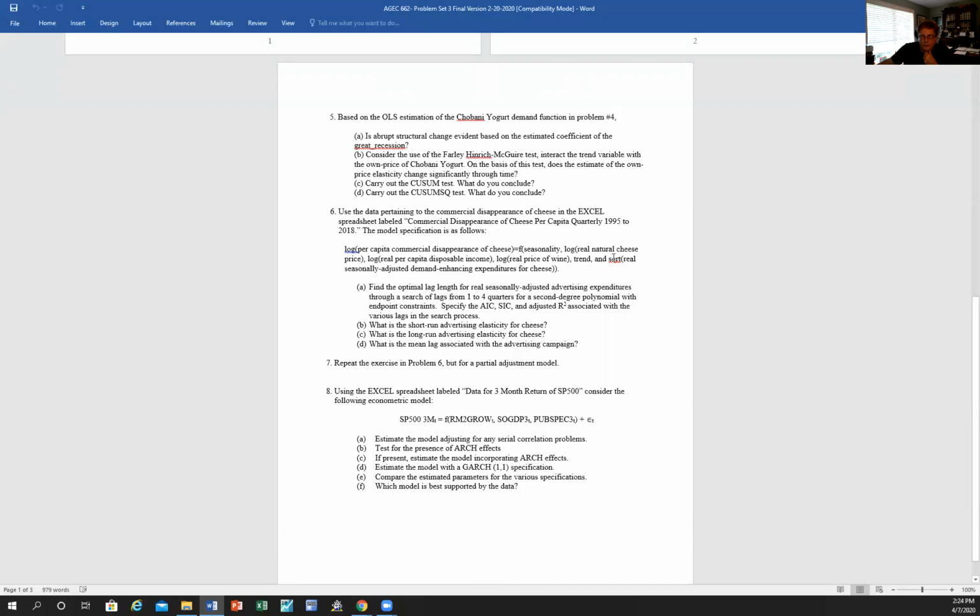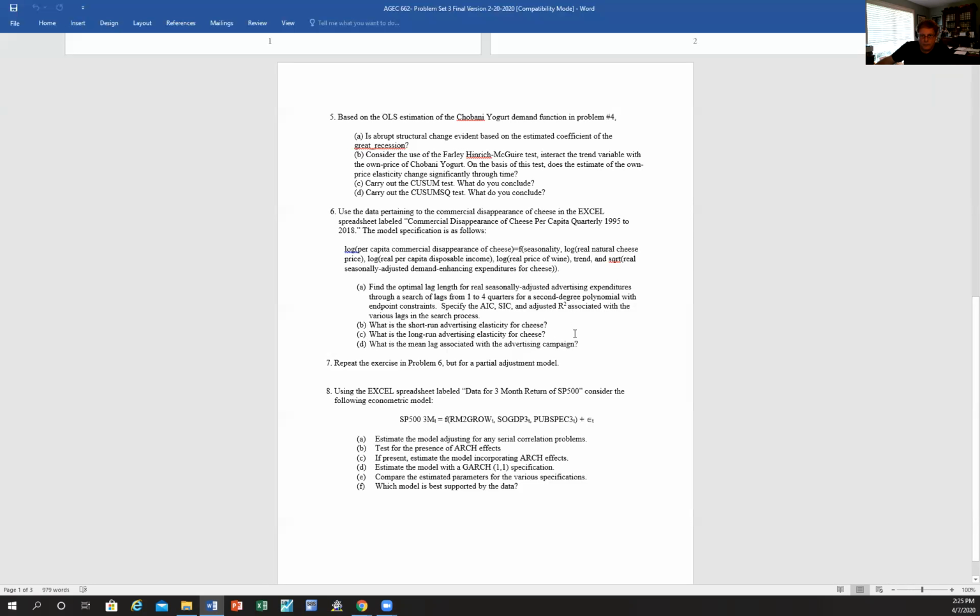Another interesting wrinkle here is instead of using the log of per capita or log of real seasonally adjusted demand enhancing expenditures or advertising expenditures, we use the square root. Now, that makes calculating the marginal effects a little bit different, and then from the marginal effects to get the elasticities.